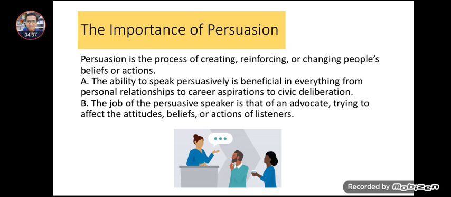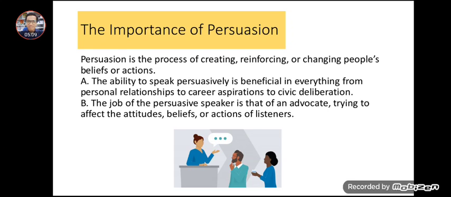You are reinforcing the belief or action, and to a certain extent, you can change people's beliefs and actions to be the same as yours. And then civic deliberation means if you are in a community, you can help the community to believe whatever you deliver, and then they can change their behavior, their actions or their beliefs to be the same as yours.